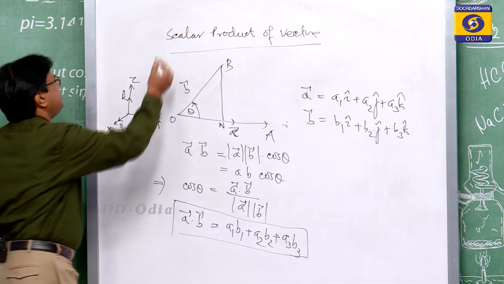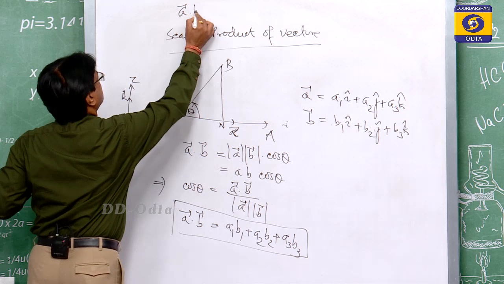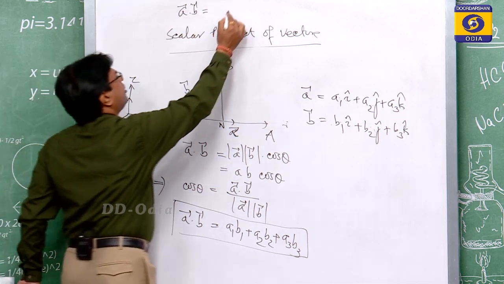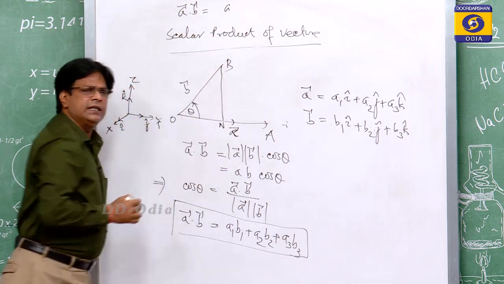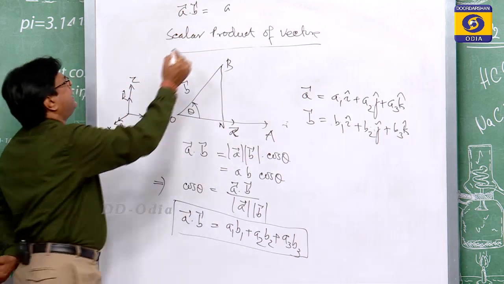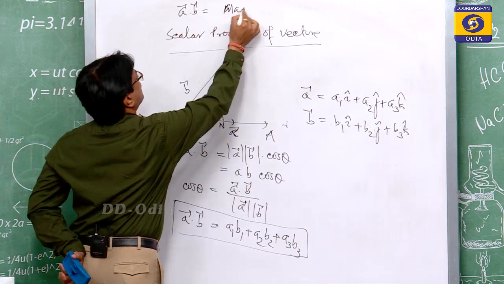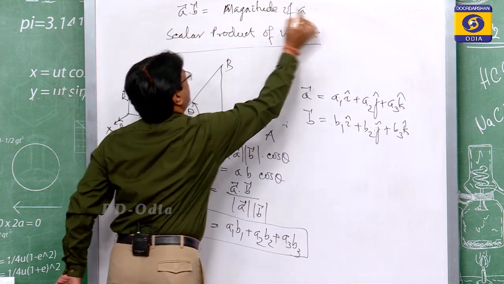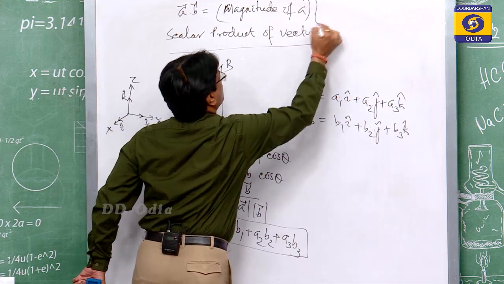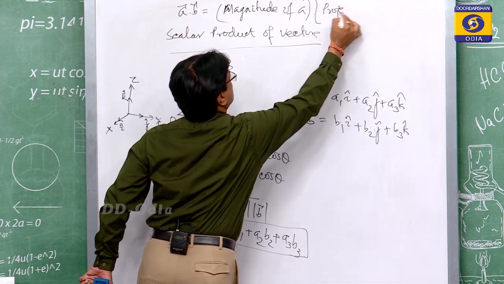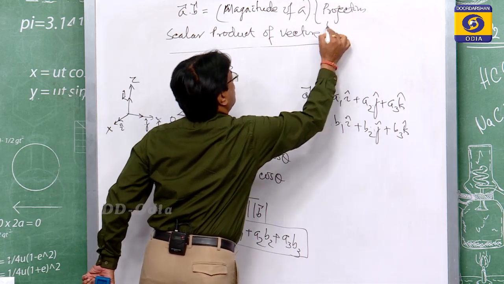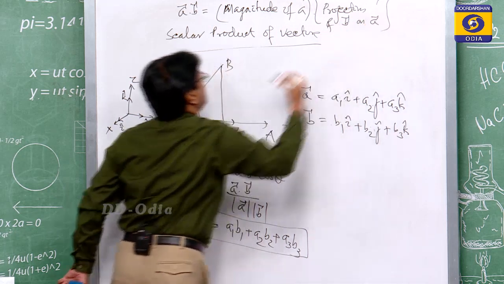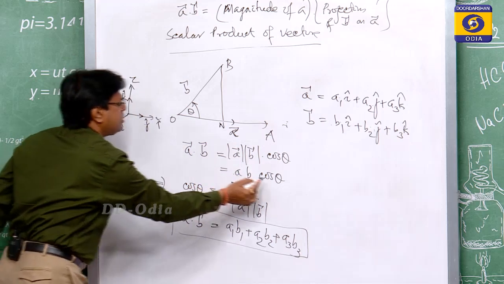So, A dot B is nothing but the magnitude of A into the projection of B on A, because this is your AB cos theta.